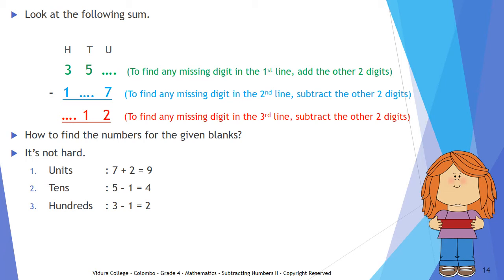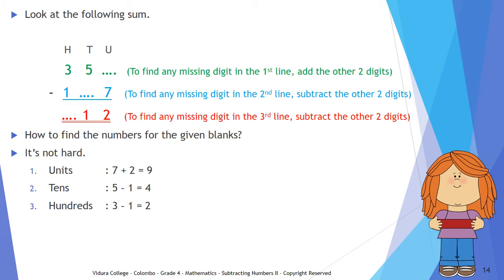To find any missing digit in the first line, that means green line, you have to add the other 2 digits. That means you have to add 7 and 2 together to find the green color one. Okay? 7 plus 2, what is the answer? It is 9, isn't it?